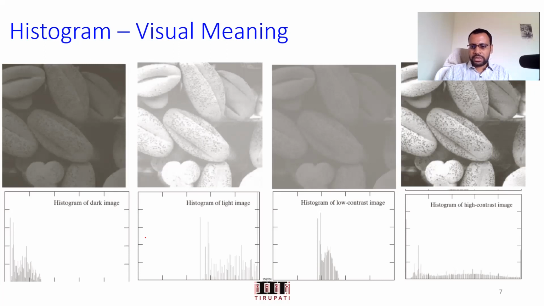Maybe I have missed this while I was showing. This is the histogram of a dark image, histogram of a light image, histogram of a low contrast image. You could see the distribution is here, relatively a bit more here, relatively more here. This is having a high contrast, the distributions are more, and a balanced image.